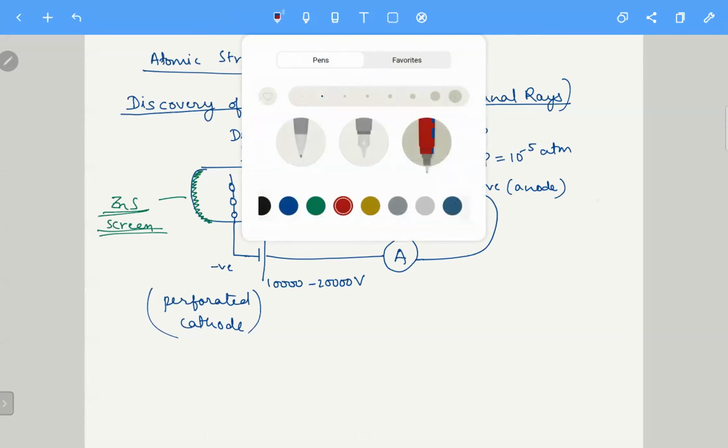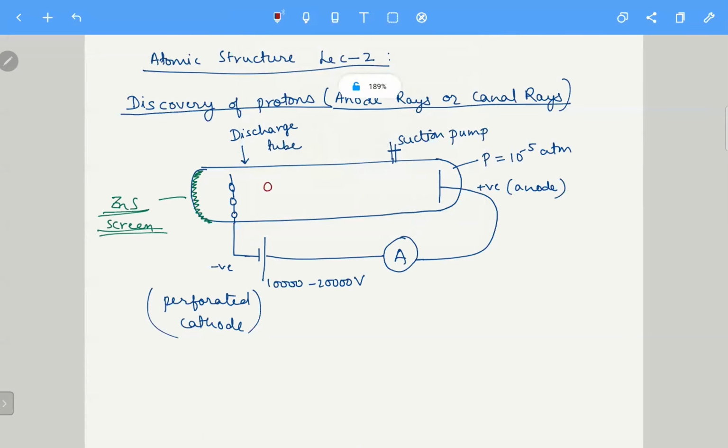They produce positive ions and electrons.